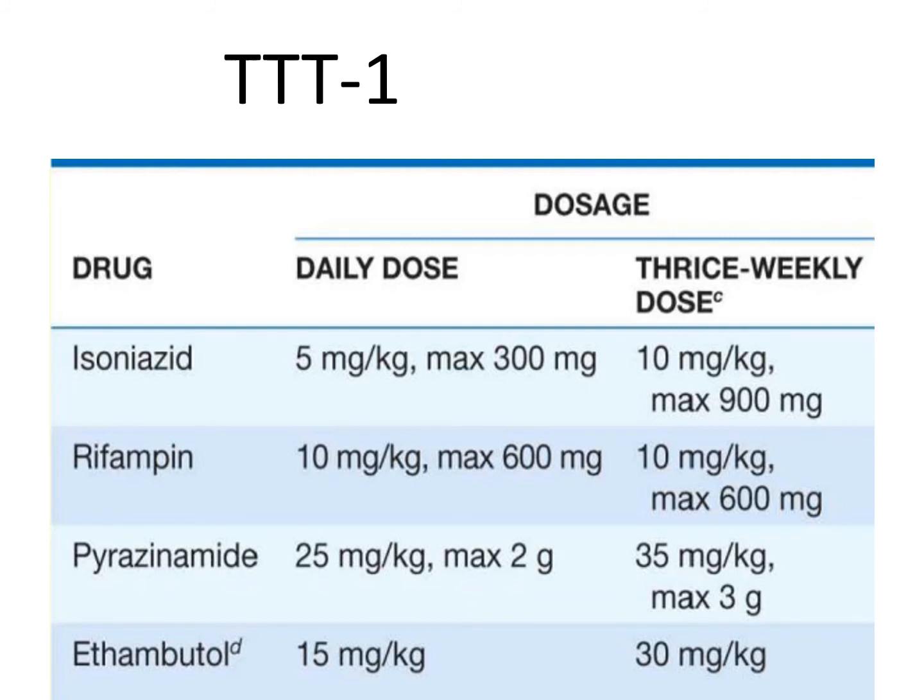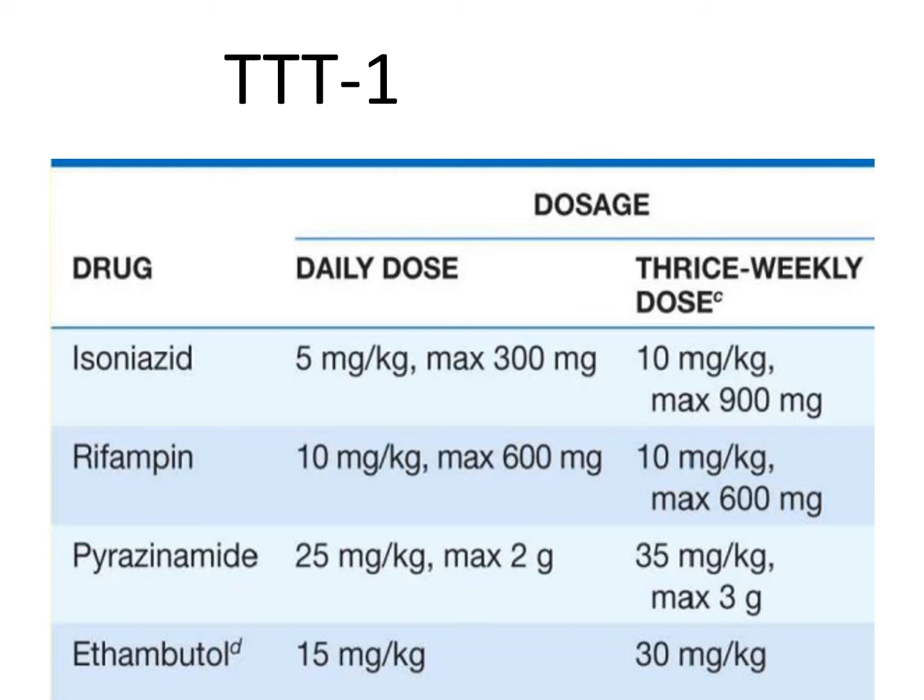Treatment. This table shows the dose and the regimen for taking the treatment for TB: isoniazid, rifampin, pyrazinamide, and ethambutol.